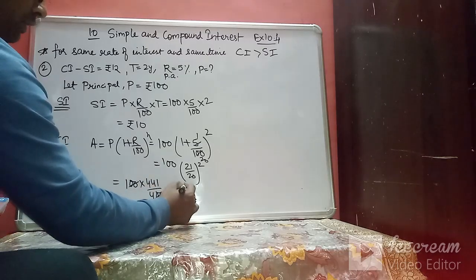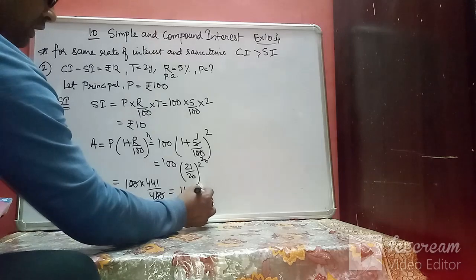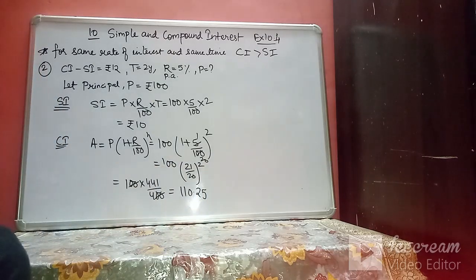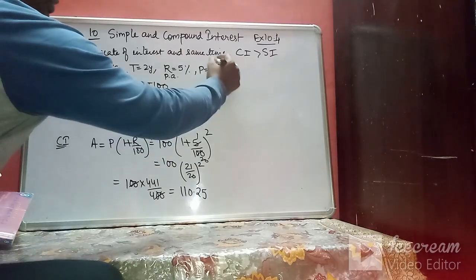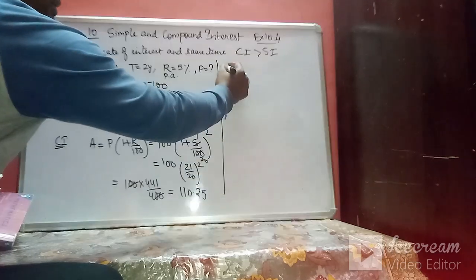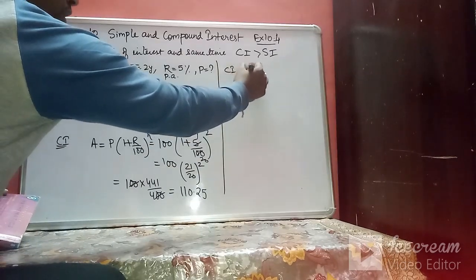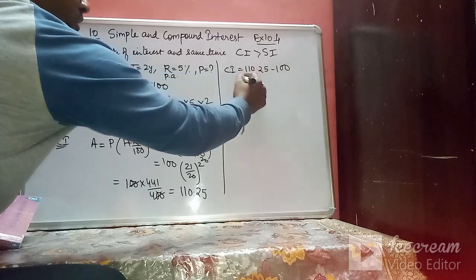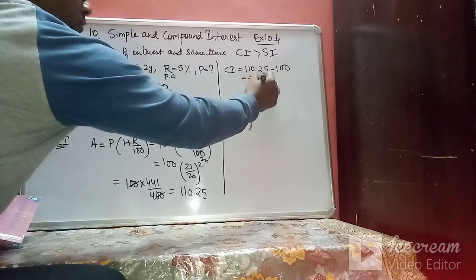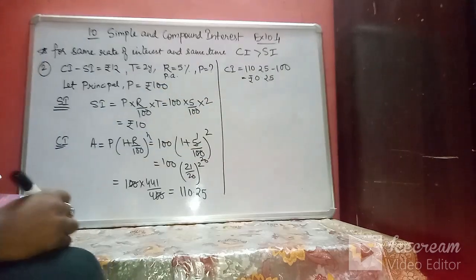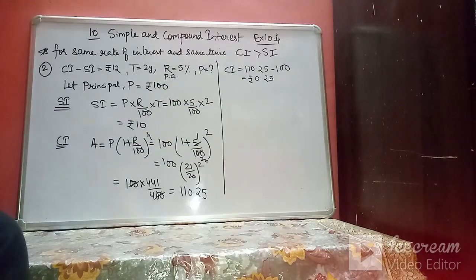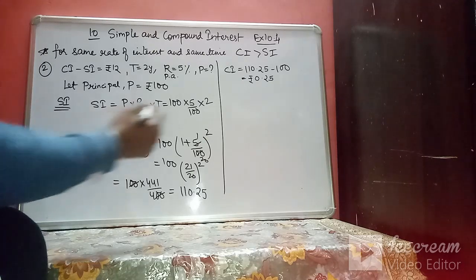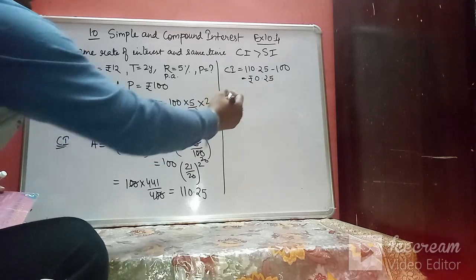After solving, we will get 110 rupees 25 paisa. So what will be CI? CI will be 110 rupees 25 paisa minus 100, that is rupees 0.25.